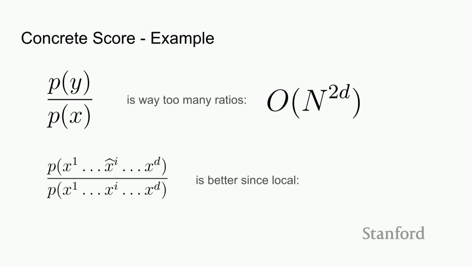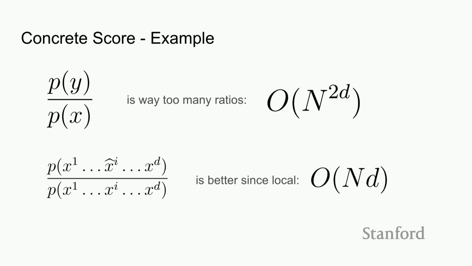Instead, let's model the ratios between any two sequences that differ at only one position, which is a much more local construction. If we do this, the complexity is only O of n times d. So this is much more computationally feasible. This is only the size of our sequence.